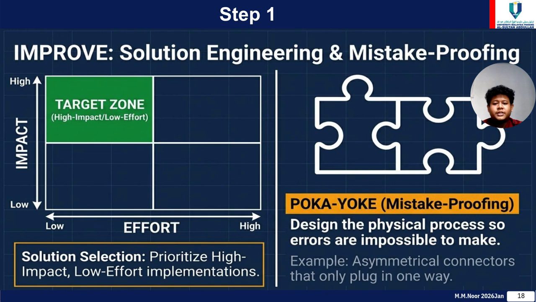Simultaneously, we prioritize poka-yoke, or mistake proofing mechanisms. The goal here is to design the physical process or tooling so that human errors become physically impossible to make. A classic everyday example of poka-yoke is an asymmetrical connector that can only be plugged in one specific way, completely neutralizing potential user error before it occurs.